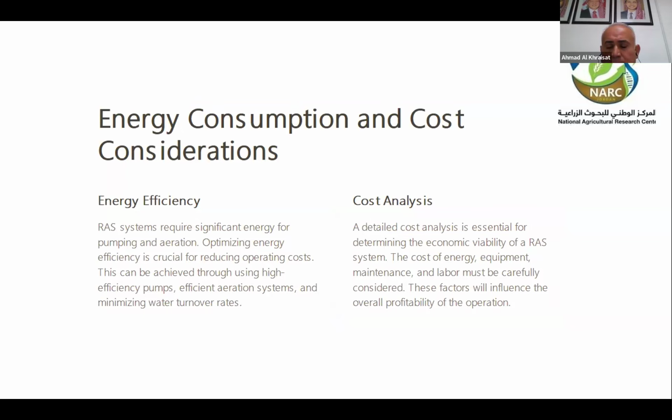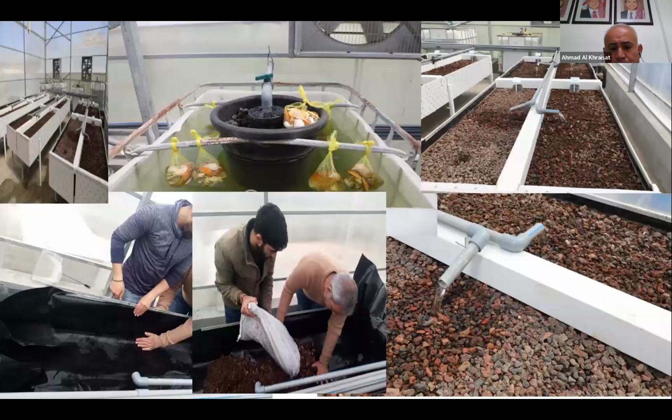When energy use is very high and the cost is very high, and the production of plants and fish is very high, we should search for a simple technique that is efficient for production and at the same time reduces the cost, to give maximum profit, because these systems have very high design costs. So we should consider the relationship between the cost and the production of these machines.